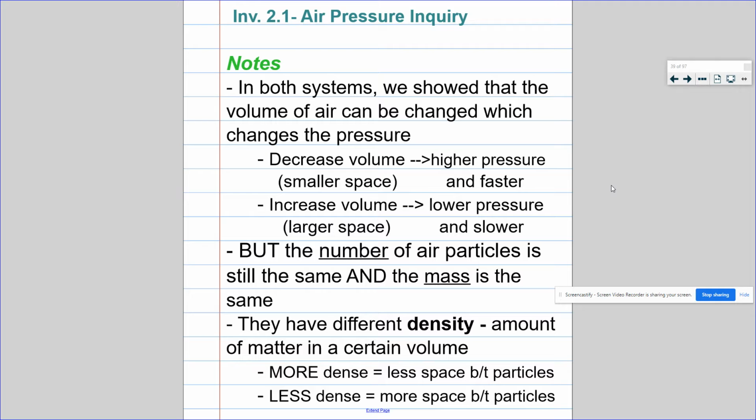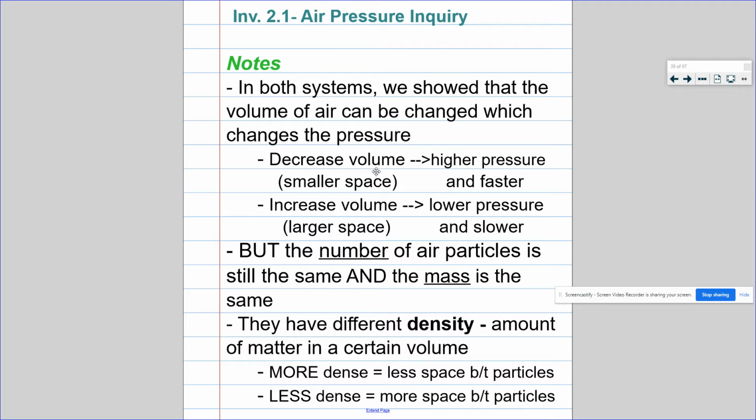Okay, so I'm assuming that you have this glued in. I just want to read through this here and have you do a couple things. So it says in both systems, meaning the systems we're talking about, the syringe activity and the plastic bottle air pressure indicator that we used yesterday. Those are the systems that I'm talking about. So in both systems, we showed that the volume of air can be changed, which then changes the pressure.